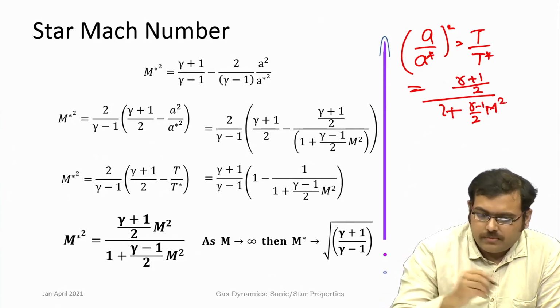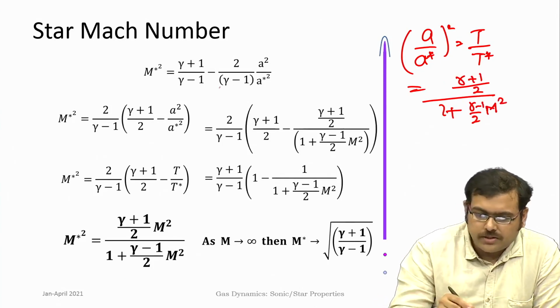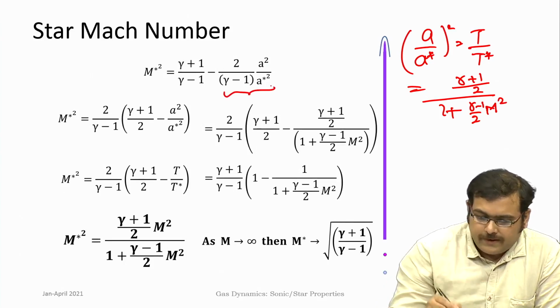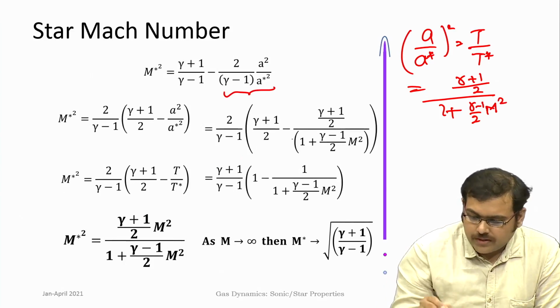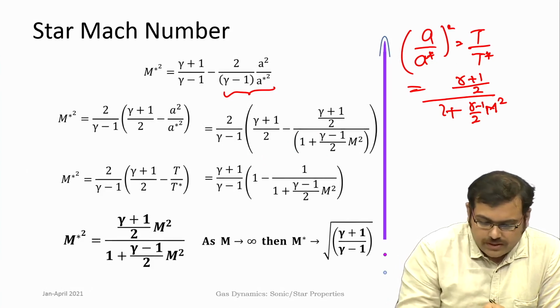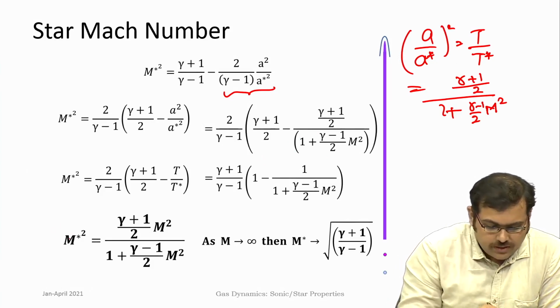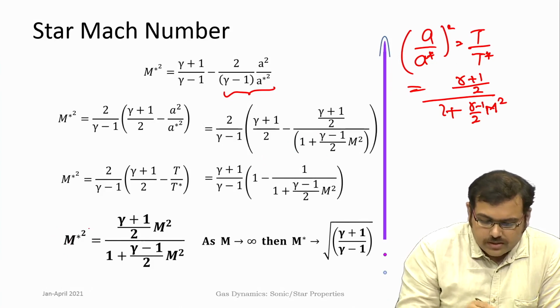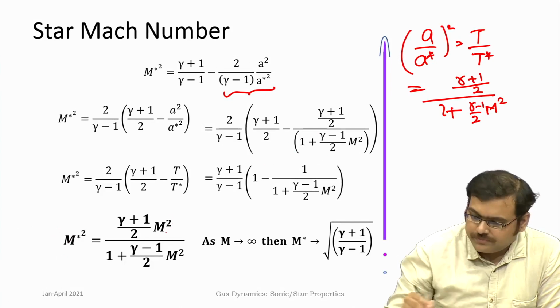So this can be substituted here into this equation, and you can do the algebraic manipulations in this equation to come to a relation that is given over here between M star square and M square.